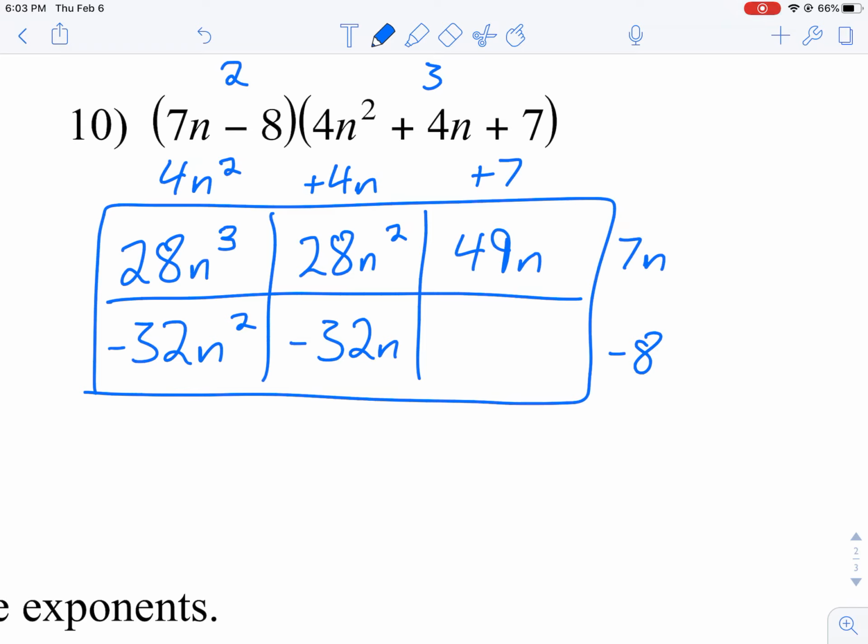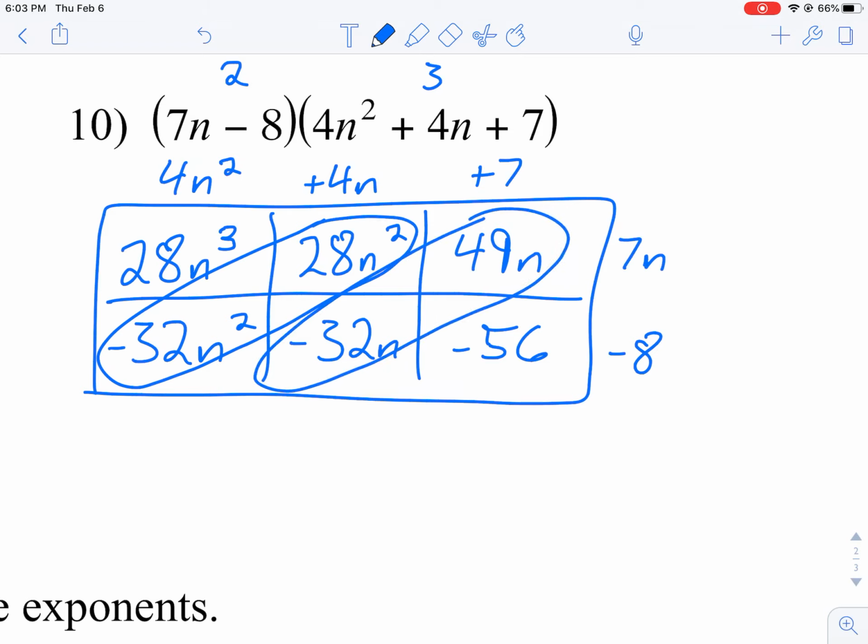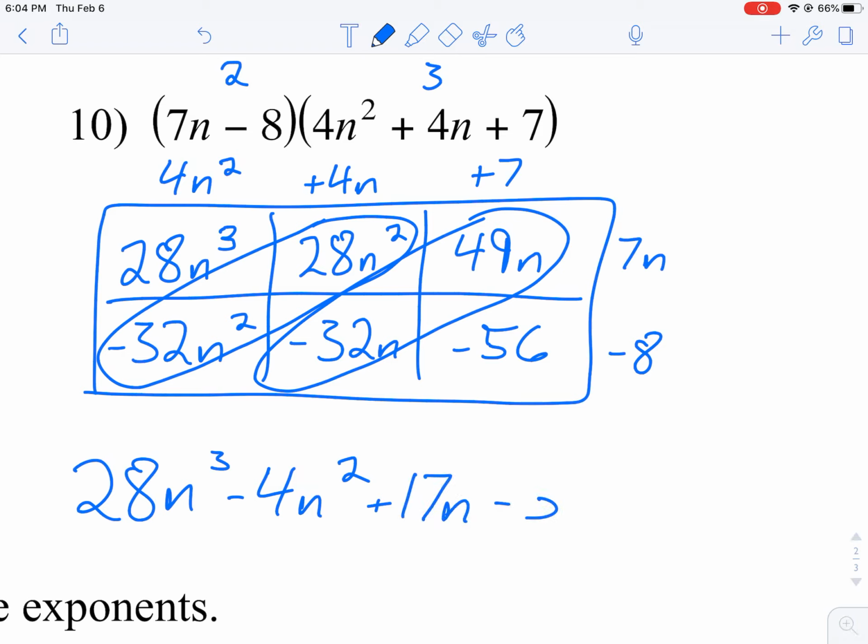And then 7 times negative 8, negative 56. The like terms here, I've got like terms on this one. And then I've got like terms in this diagonal to combine. 28n to the third minus 4n squared plus 17n minus 56.